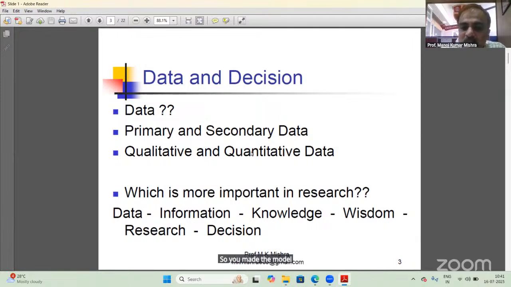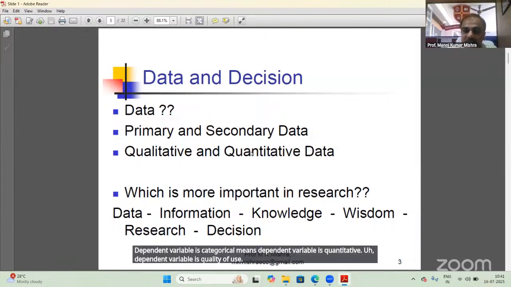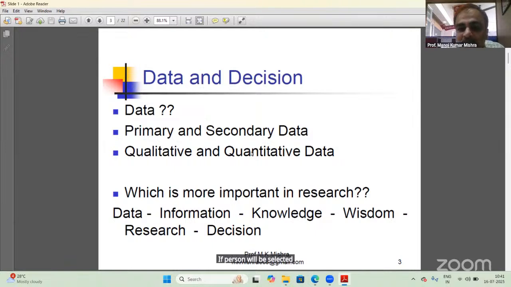One thing is also, suppose the dependent variable is a categorical variable. Dependent variable is categorical, meaning the dependent variable is qualitative. A person will be selected or not. What is the chance?